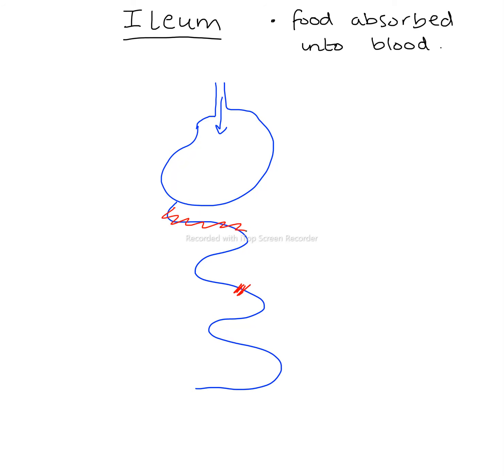The first half, where the digestion takes place, is called the duodenum. And the second part here, where the food gets absorbed into the blood and into the body, is called the ileum.